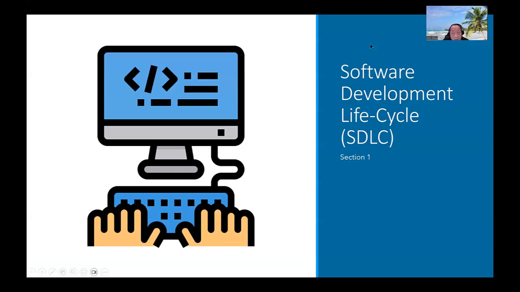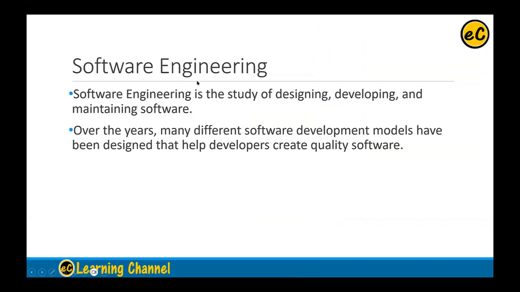Okay, first thing is that you need to know about the software development life cycle. And this chapter is related to software engineering and software testing, okay? So software engineering, you first need to know what is software engineering. Software engineering is the engineering discipline to create software, okay?